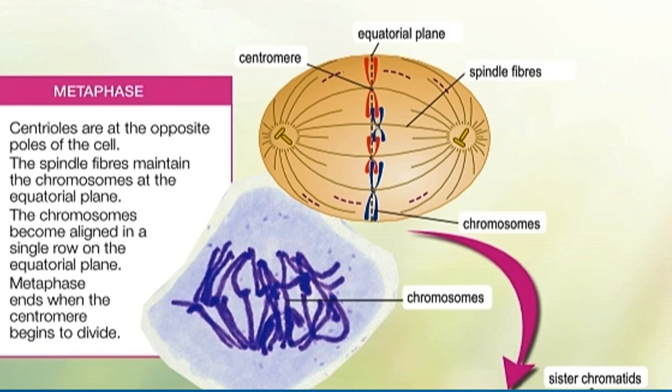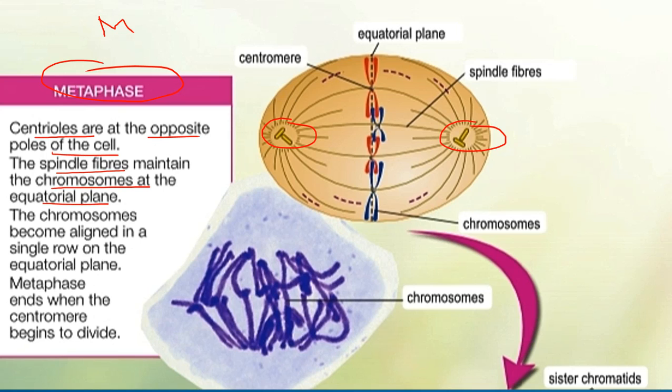Kemudian kita ada M, metaphase. So what happened during metaphase? The centrioles are at the opposite poles of the cell. So dia sudah reach at the opposite poles of the cell. And the spindle fibers maintain the chromosomes at the equatorial plane. Nampak ni?